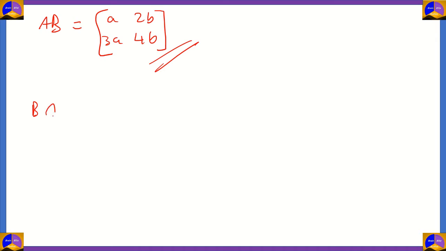What about the matrix BA? So let's multiply that. That is basically the matrix a, 0, 0, b multiplied with the matrix 1, 2, 3, 4.